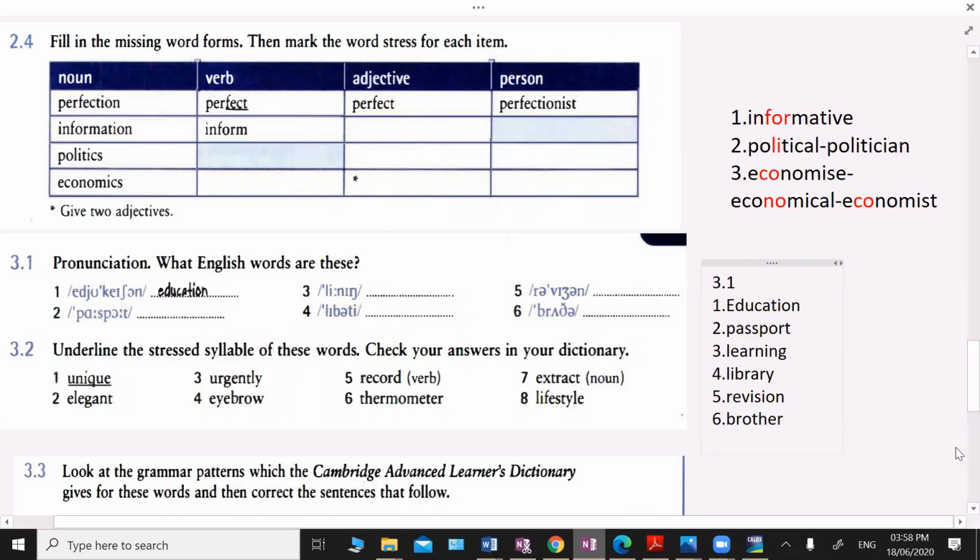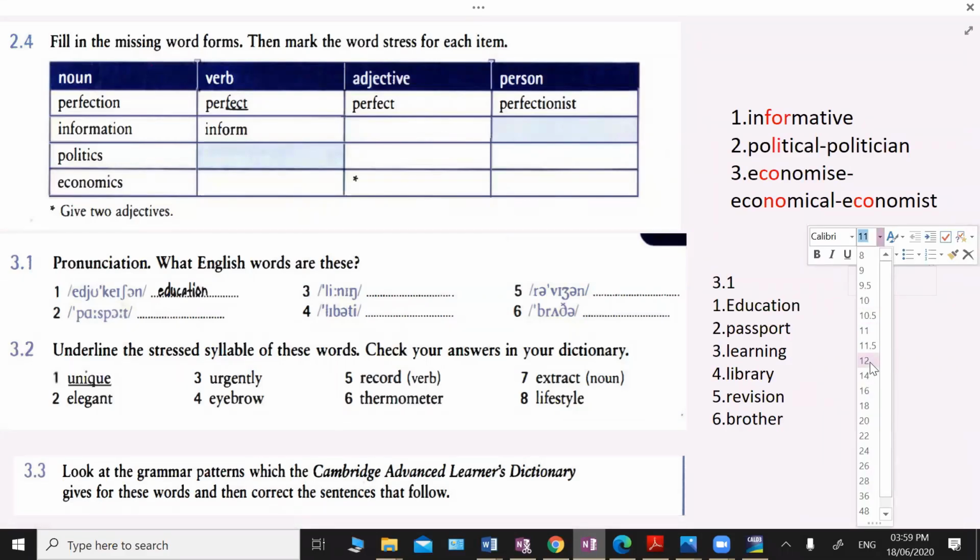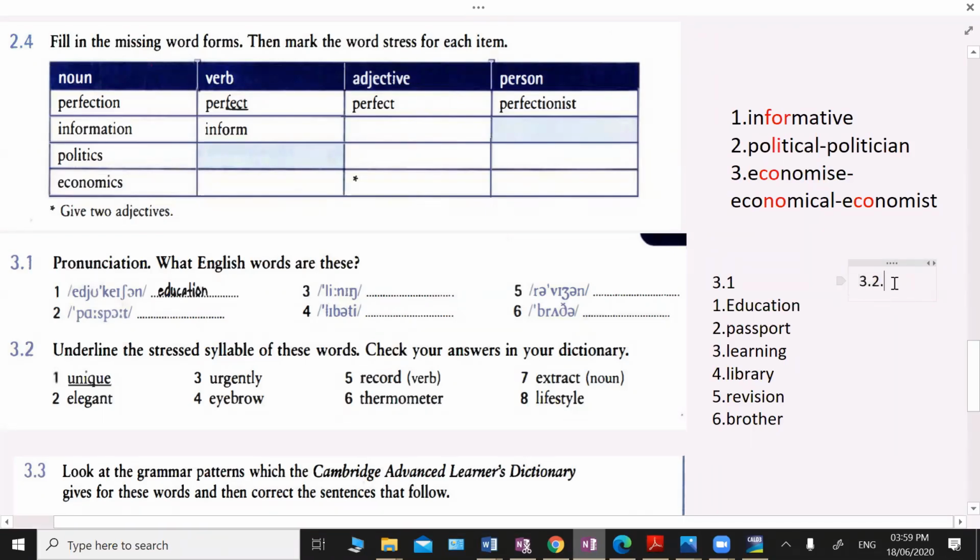Okay. We move on. If you feel that still you need to work on it, you can have more practice about it. Now we will be looking at 3.2. If you are completely new to these symbols, you can see that for so many years, you are not looking at something very important, that is the pronunciation part.